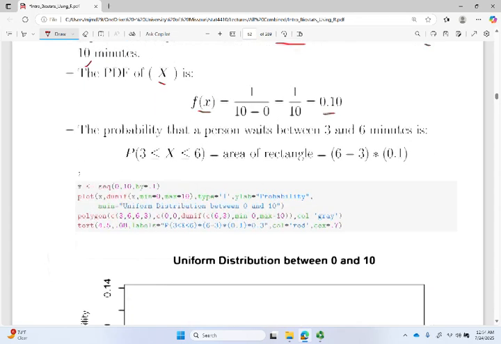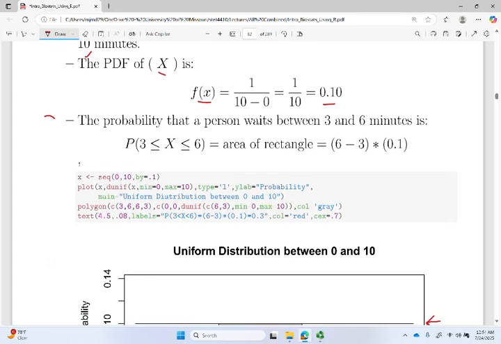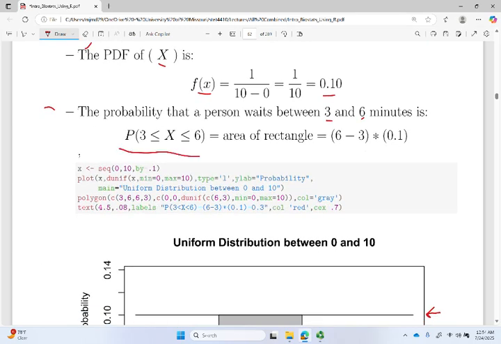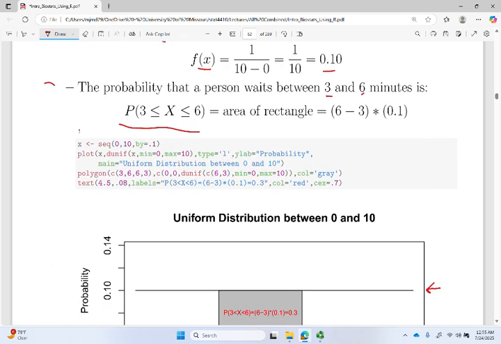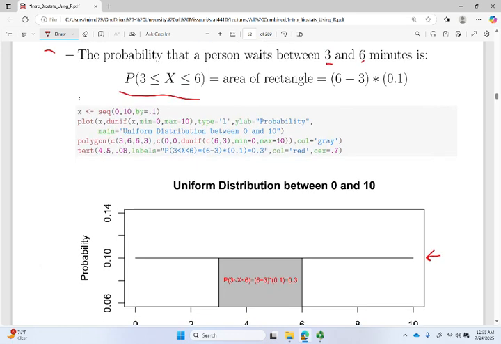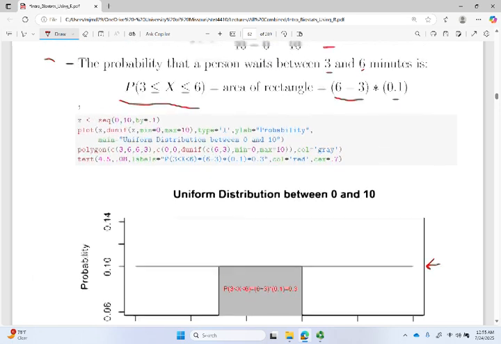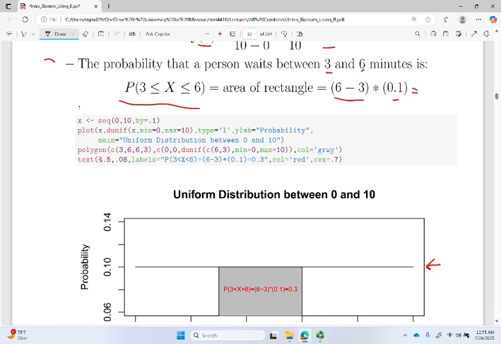Next, we want to find the probability that a person waits between 3 and 6 minutes. So we want the probability that the wait time is between 3 and 6. It's technically the area of the rectangle, the area under the curve of the density. So 6 minus 3 is the base, and the height is this, whatever that number is.